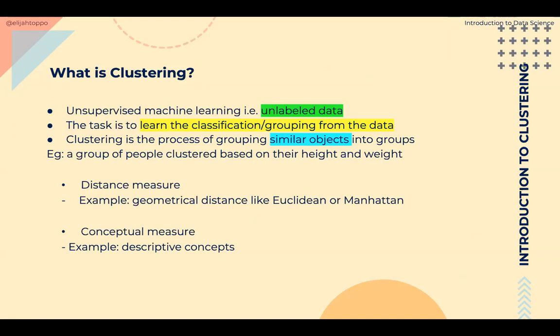That is either distance-based or conceptual. The distance-based is where we are measuring geometrical distance using Euclidean or Manhattan methods, which is also L1 norm and L2 norm. Or it can be conceptual. That is, we are looking at descriptive concepts and we are trying to group them together. Like for age feature, descriptive concepts would mean like young, middle-aged, teenager, and so on.